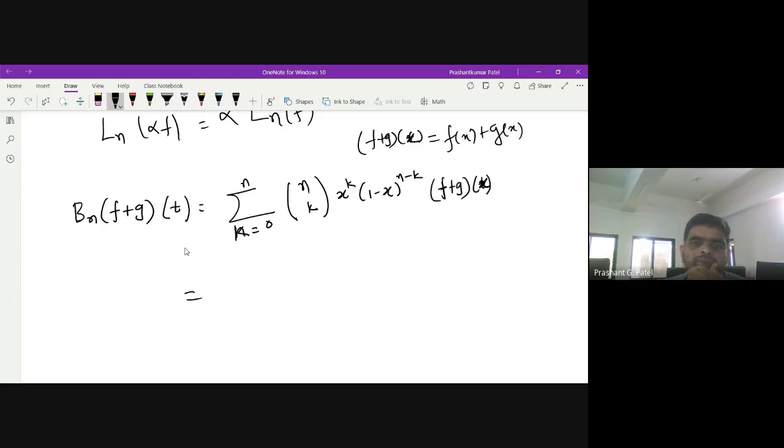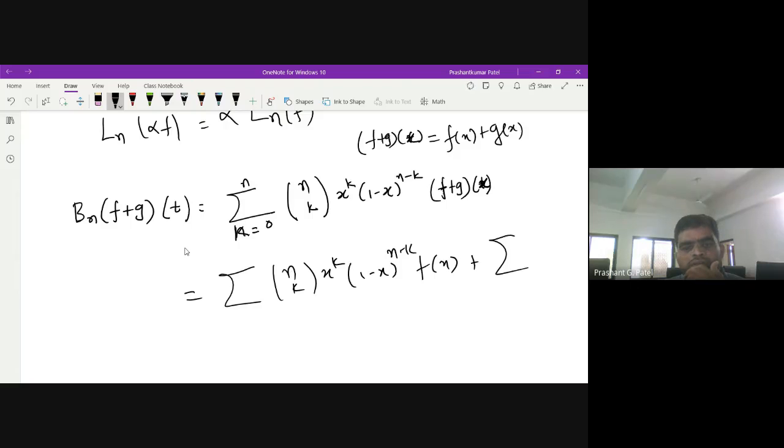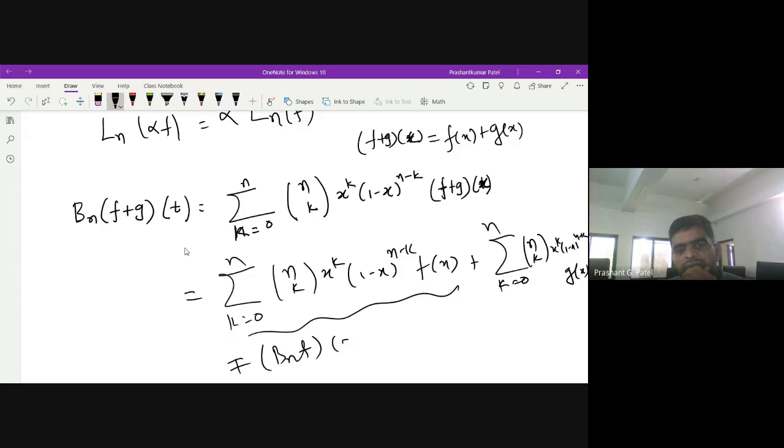And this summation I can give to both of them. So it is summation n choose k x power k, 1 minus x power n minus k f of x, plus summation k running from 0 to n, n choose k x power k, 1 minus x power n minus k into g of x. So this is Bn of f at x, and this is Bn of g at x.